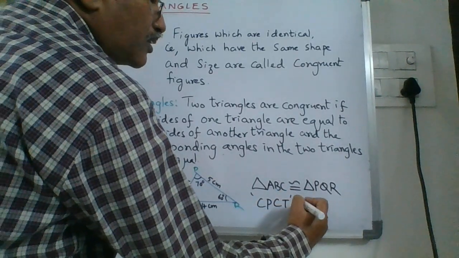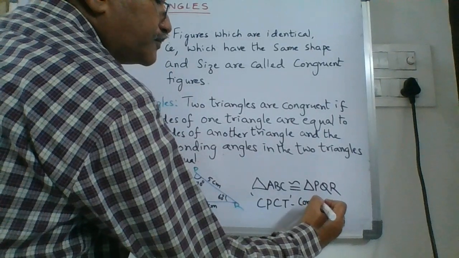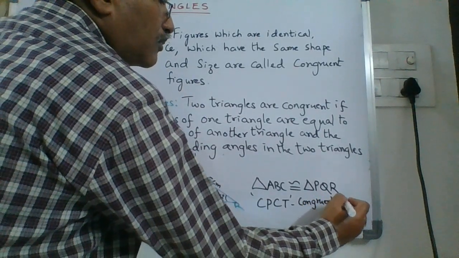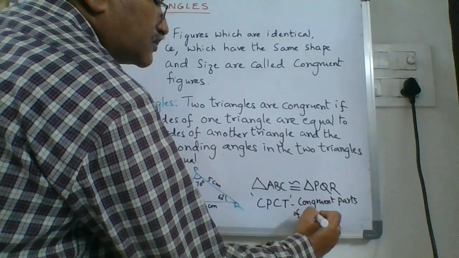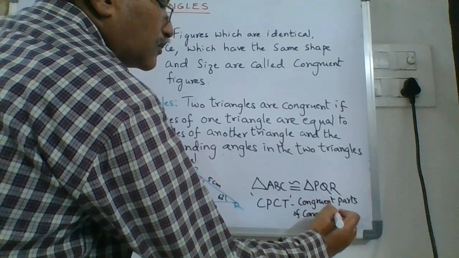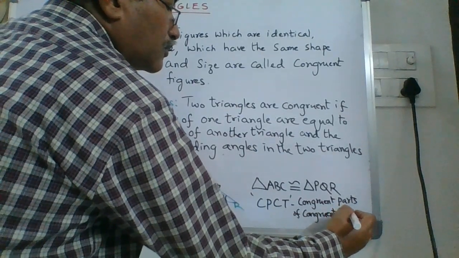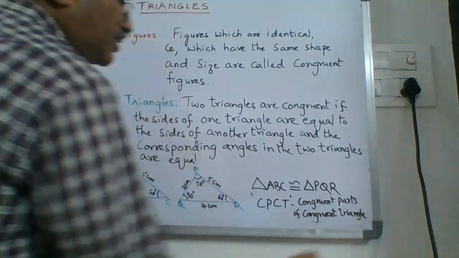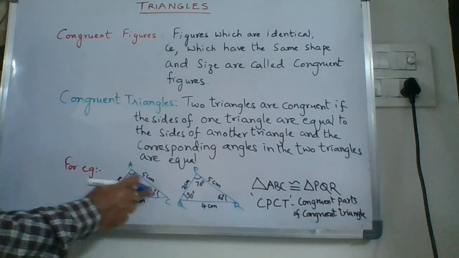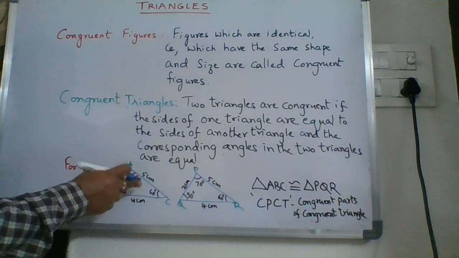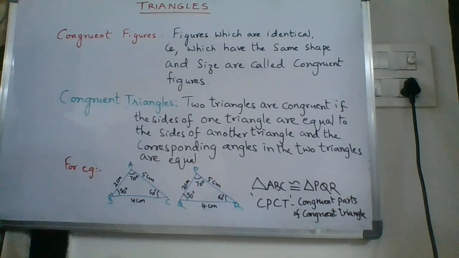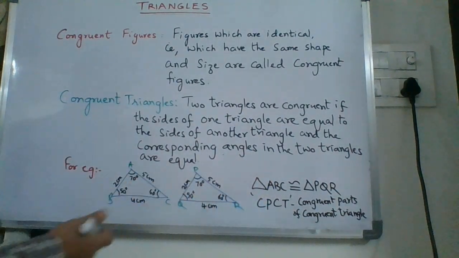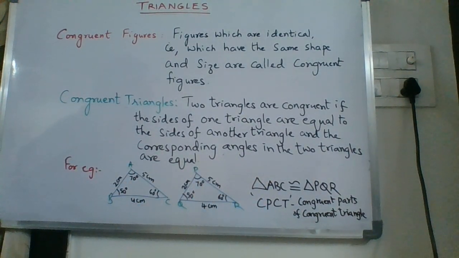It is congruent parts of congruent triangles. Parts means here the sides and the angles. The sides and angles of this triangle and the sides and the angles of this triangle, the corresponding ones, are equal. Therefore, we say these two triangles are congruent. Okay, write down.